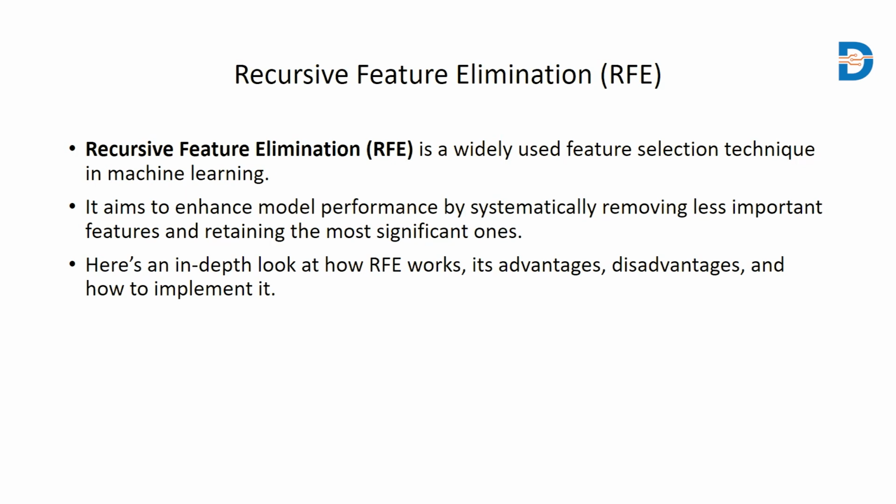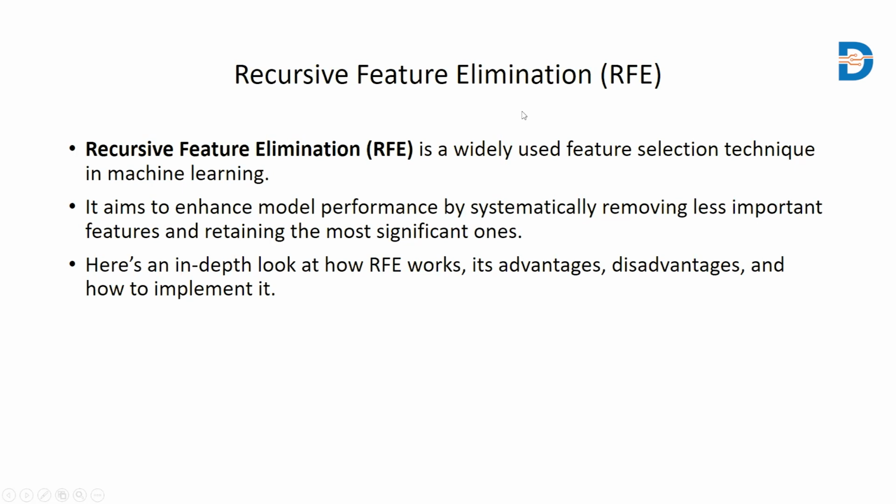Suppose we have many inputs, many features, and some are unimportant or very less important. In such cases, RFE, that means recursive feature elimination, will remove the less important features and retain the more important features.